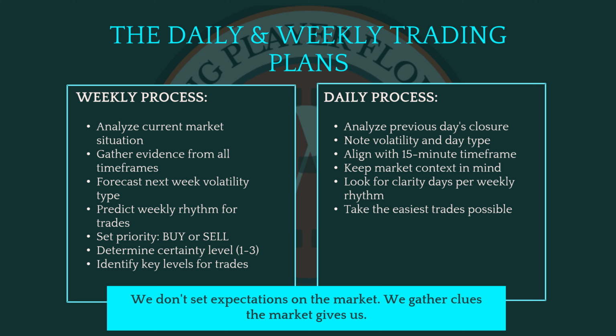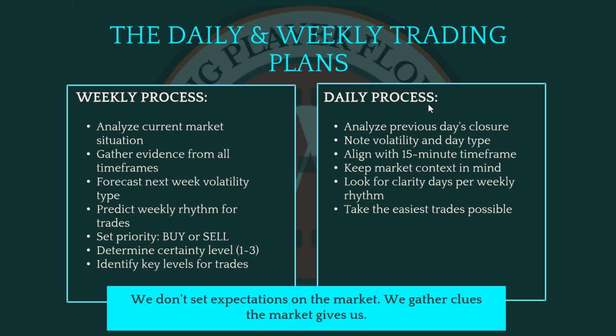Once we have the weekly prediction, the weekly analysis, we stick to it and do analysis of the market on a daily basis, every single day from Monday to Friday. We analyze each day after its closure. We take note of the volatility, day type, the closure.